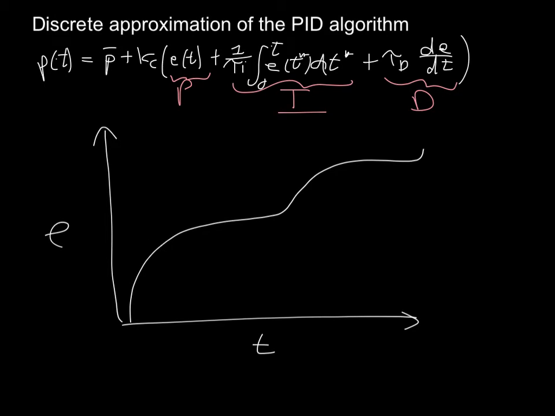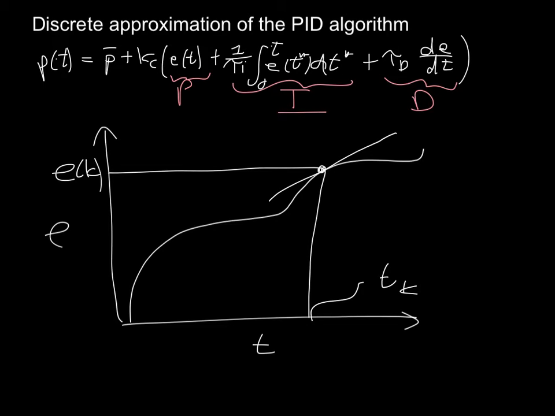Now for the derivative part, so if we think again about what the derivative is, the pure derivative at a point would be that tangent slope. But again, if that is time k, then this would be e k, and we could approximate that derivative again by using a finite approximation.